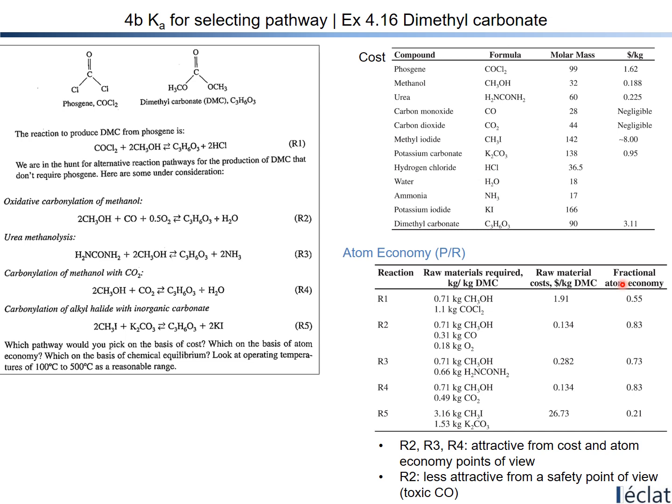For example, here is R1, reaction 1, including phosgene. For synthesizing 1 kilogram of dimethyl carbonate, we need 0.71 kilogram of methyl alcohol and 1.1 kilogram of phosgene. This was calculated from the molar mass and the chemical reaction equations.